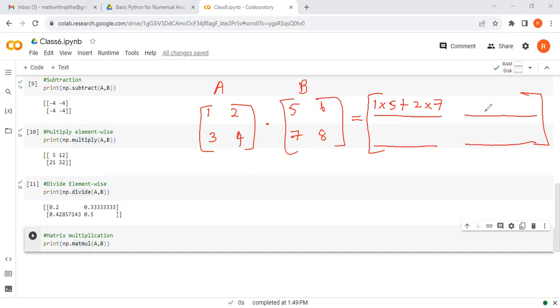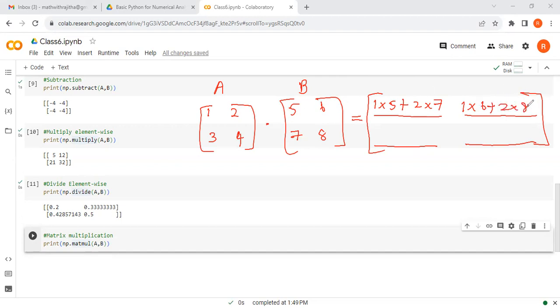The second entry is obtained by multiplying the first row of the first matrix, the dot product, by the second column of the second matrix. 1 multiplied by 6 plus 2 multiplied by 8.